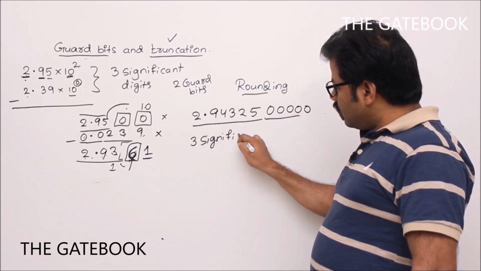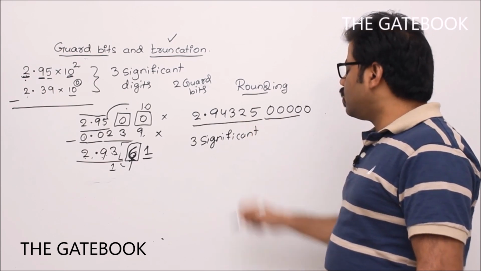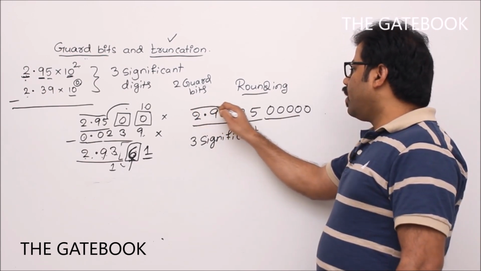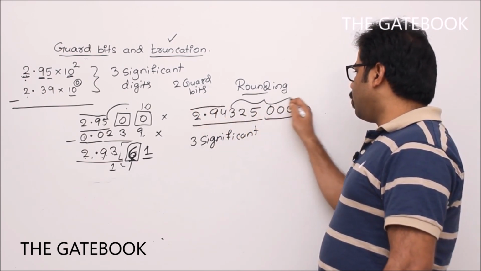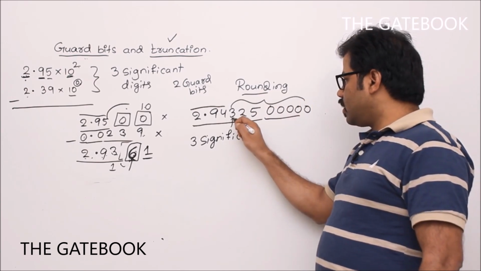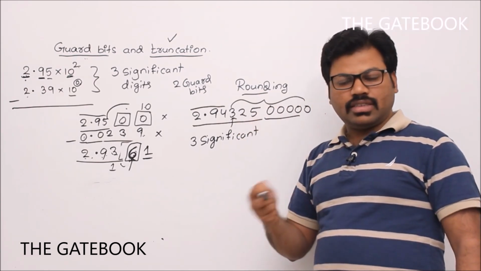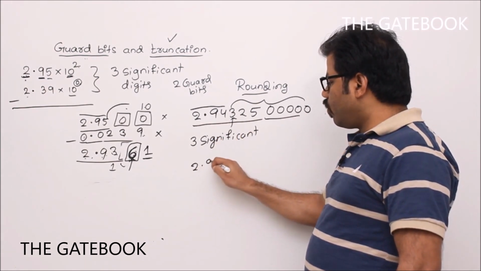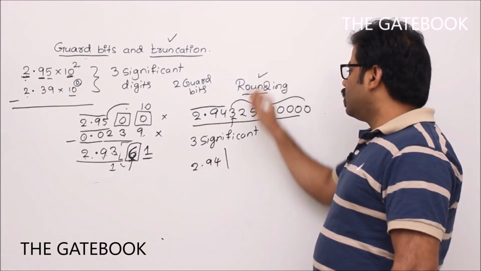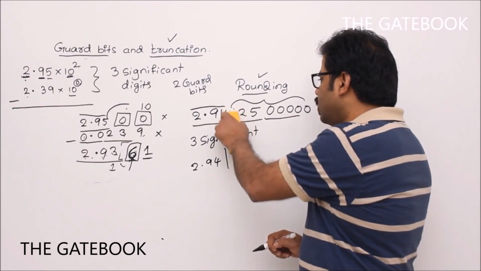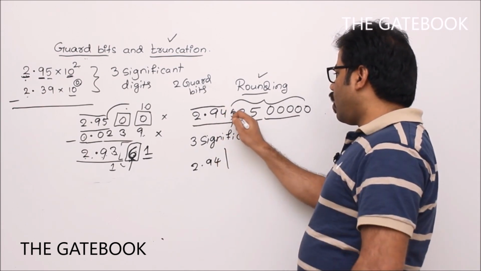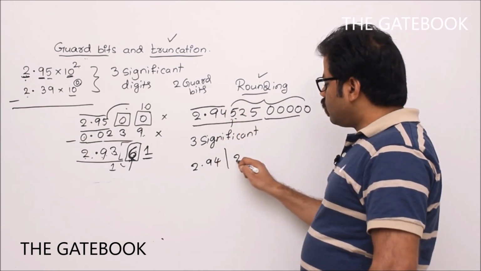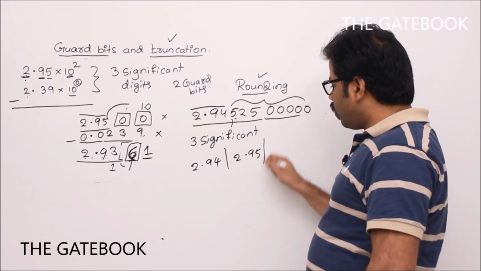Using 3 significant digits, if you solve this problem, then 2.94 followed by extra bits. Now see the first digit. It is less than 5, right? Then definitely the answer is 2.94. Remember it in rounding. Second thing, if this digit is 5 or more, then the answer is 2.95.